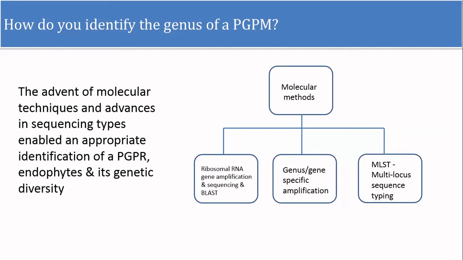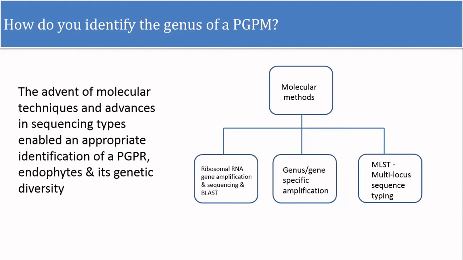In that case, we can use genus or gene-specific amplification. In some instances, there may be genes which are very specific or unique to the microorganism. In such instances, we can amplify that gene, and based on that we can say this is going to be this genus.